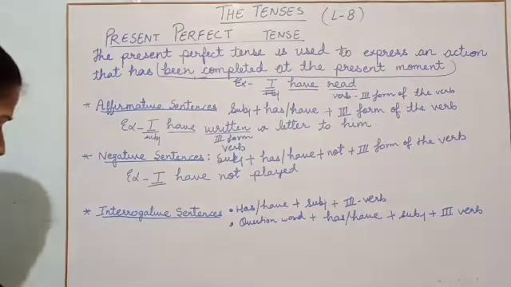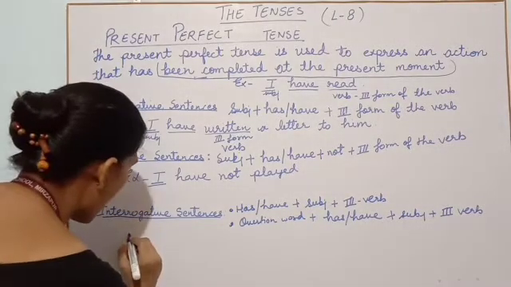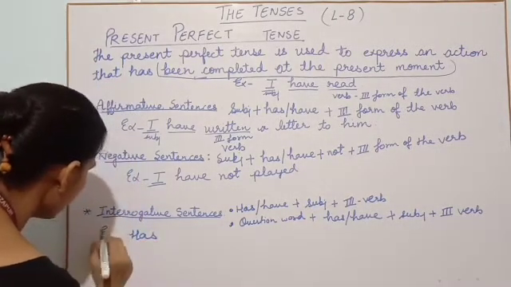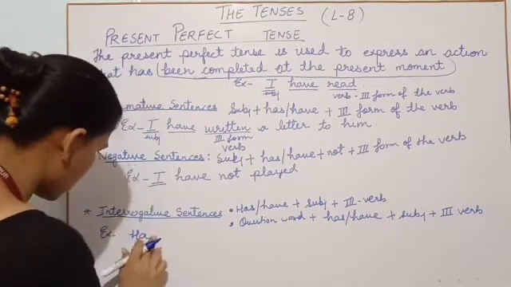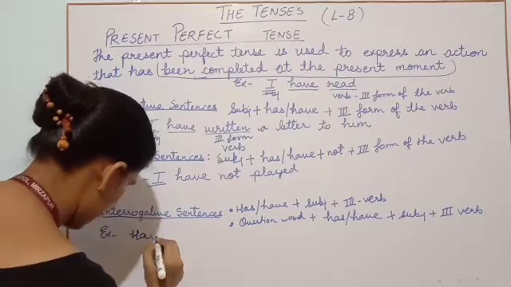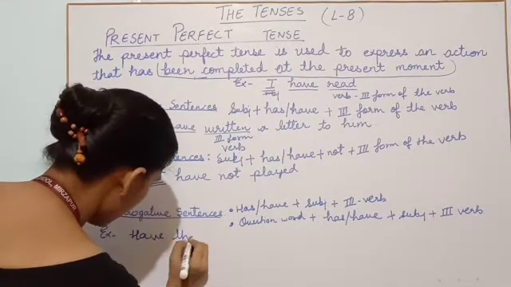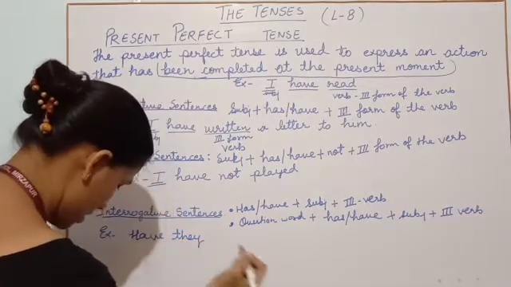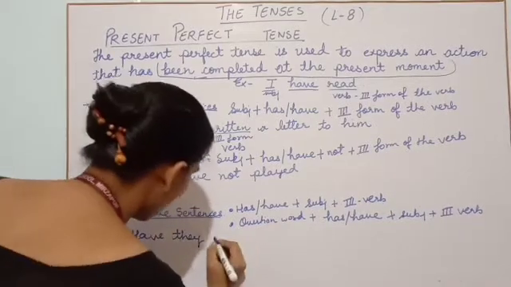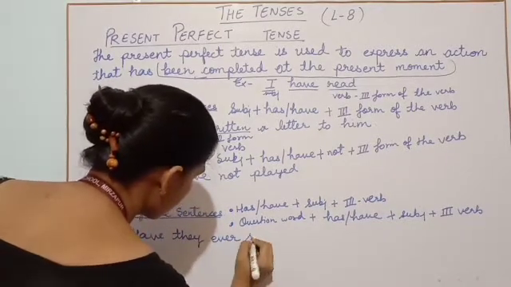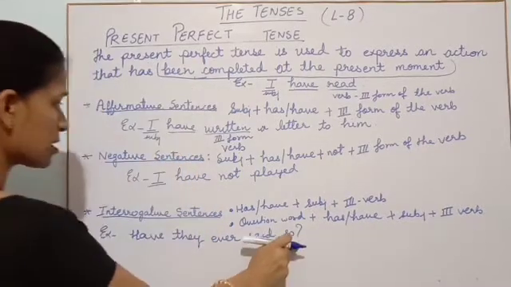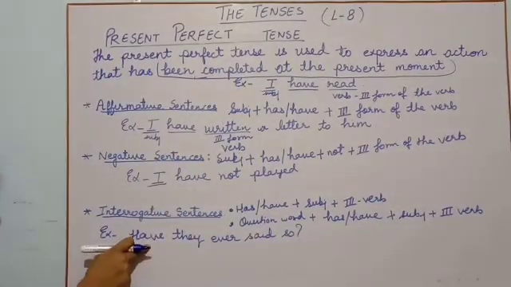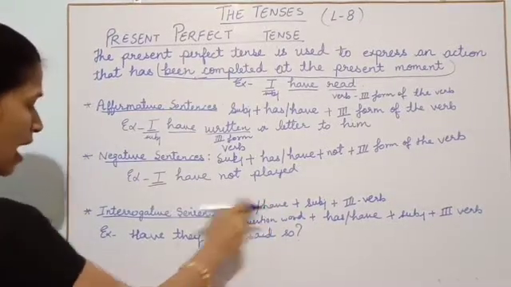We will take the first one. Has the electrician, or let's take one easy one. Have they ever said so? Question mark, because it is interrogative. Now see, we have started with have.